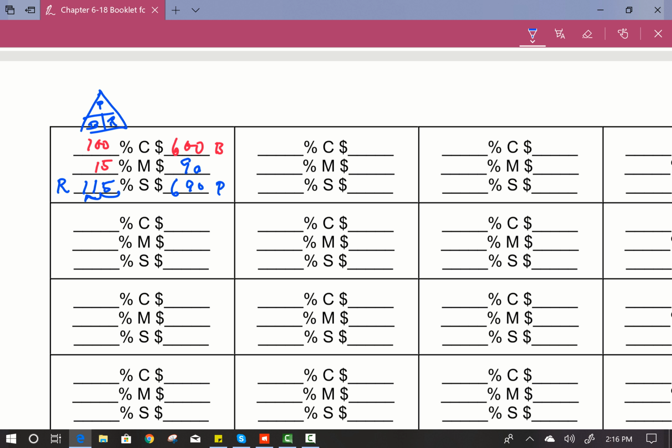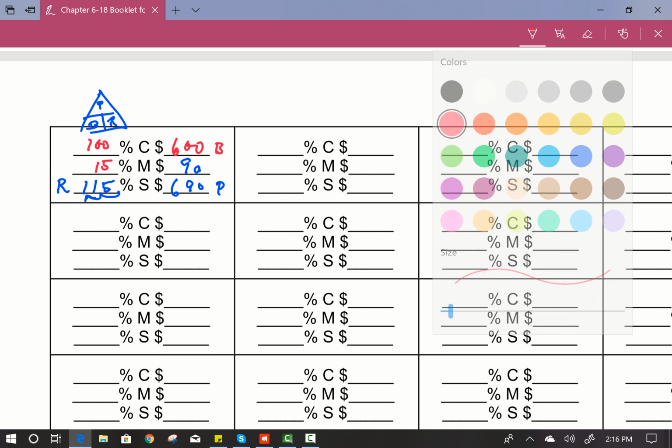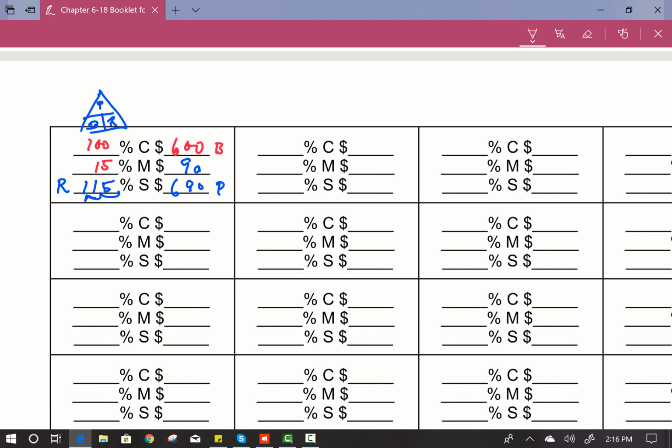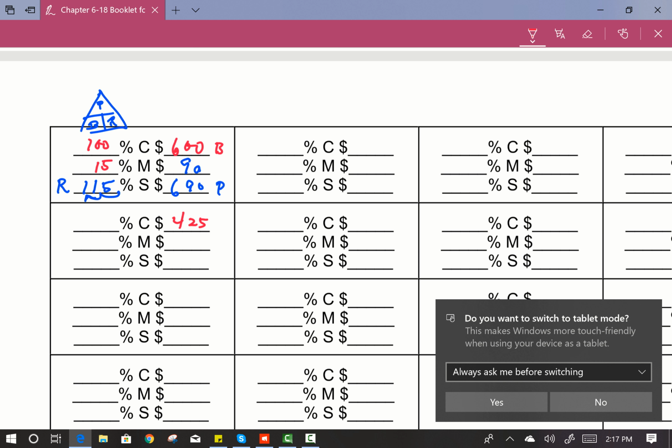Okay, number two. This is Burberry's men's watch, and it is a $425 cost. It has a 200% markup, and it's based on cost as well, so cost is 100%.